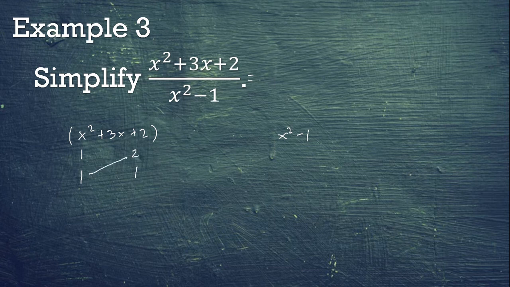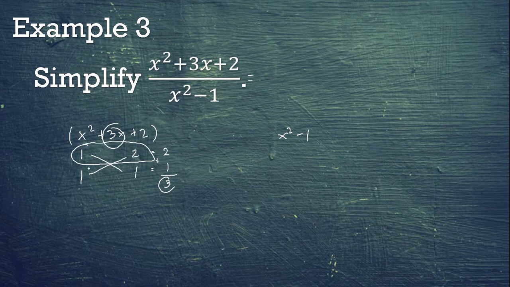Then we'll multiply them by doing this cross method. So 1 times 2 is 2. 1 times 1 is equal to 1. And add them, the answer is 3. Given that the middle term is 3, the same as the sum of the products of this matching of factors, meaning to say that we can now pair them by doing this.